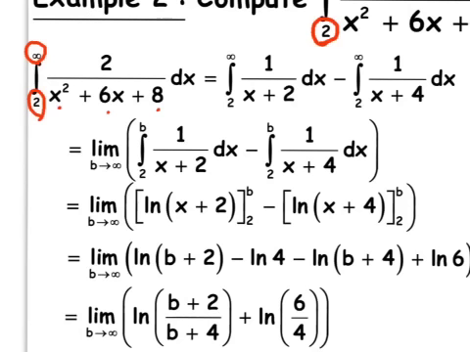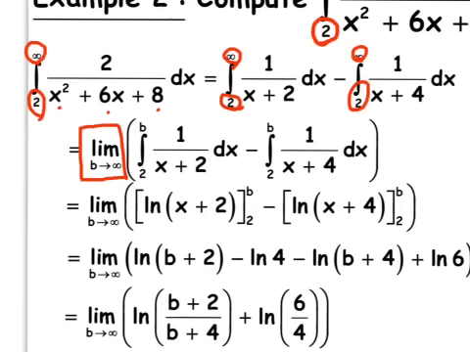Our partial fraction decomposition gives us the definite integral from 2 to infinity of 1 over x plus 2 dx minus the definite integral from 2 to infinity of 1 over x plus 4 dx. Now at this point, before we have any antiderivatives floating around, we need to make sure to convert to a form that has limits.